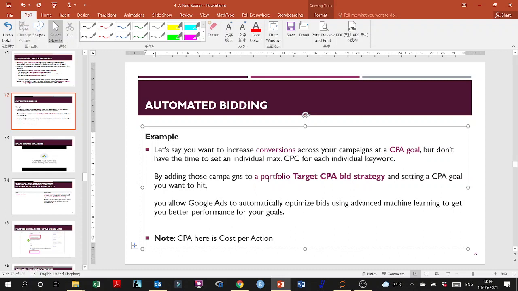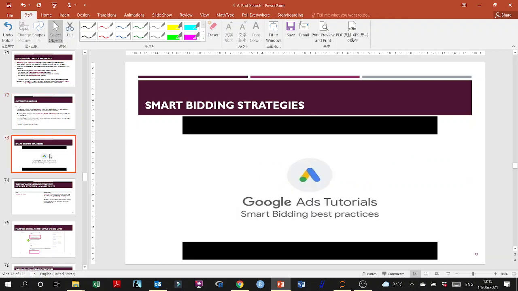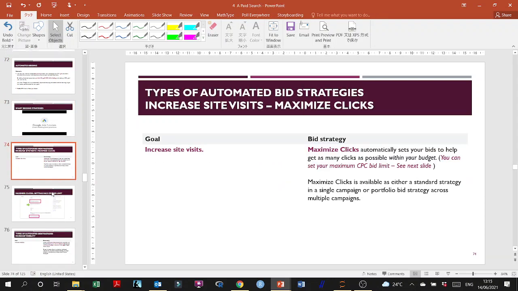So what you need to do is set up a portfolio target CPA, cost per action, bid strategy for all your campaigns. This is what a portfolio bid strategy means. It's across all your campaigns. All right, let's see here what we were talking about.